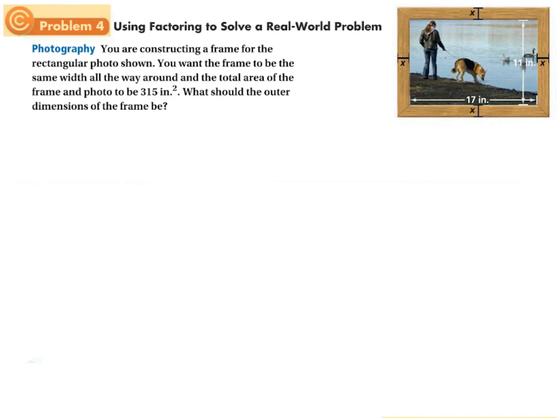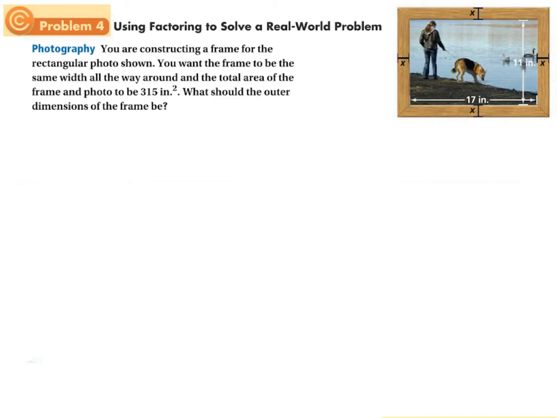So finally, we're applying this to a real-life problem. You're constructing a frame for the rectangular photo shown over here. It is an 11 by 17. And you want the frame to be the same width all the way around, and the total area to be 315 inches squared. What should the outer dimensions of the frame be? How can we find the exact measure of this that will result in 315 square inches total?